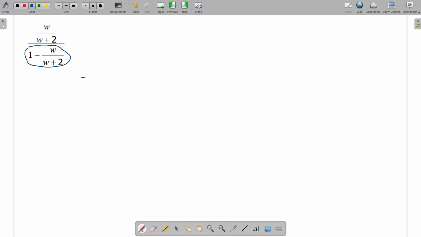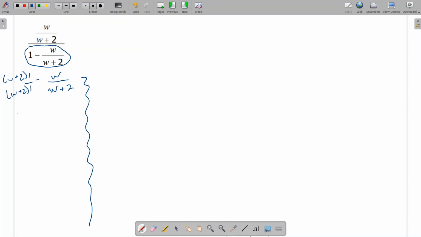All right, so off to the side here, I'm going to do the combining in the denominator. Think of 1 as 1 over 1. Think about it as a fraction. And if you think about it that way, really we just need to multiply by w plus 2 in the numerator and the denominator.